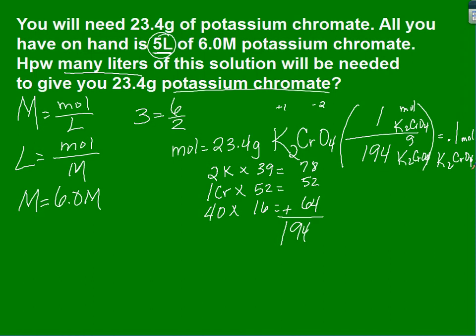Was that what I was looking for? No. That was just to get me over here to moles. So moles is equal to 0.1 moles of K2CrO4. So I'm going to plug that into this formula: 0.1 divided by 6.0.